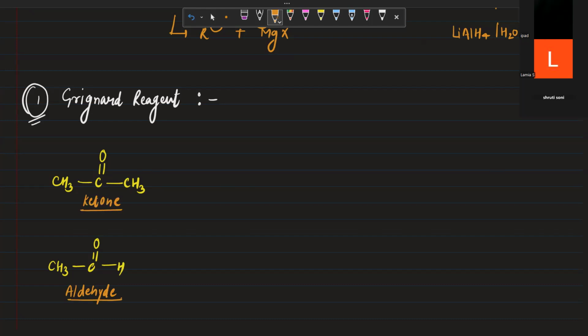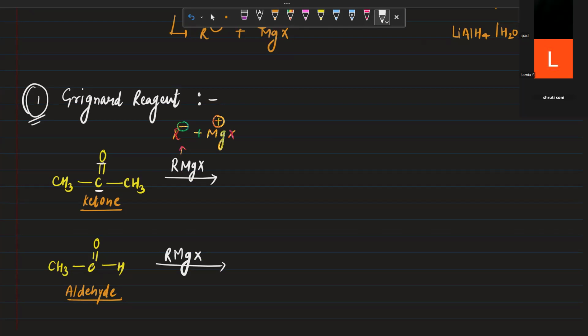Okay. So whenever we are using Grignard reagent, what is Grignard reagent? RMgX. In this case, I also take RMgX. As I told you, RMgX converts into R, positive or negative? Negative, right? Negative plus MgX positive. Now in ketone, this carbon is positively charged or negatively charged? Positive.